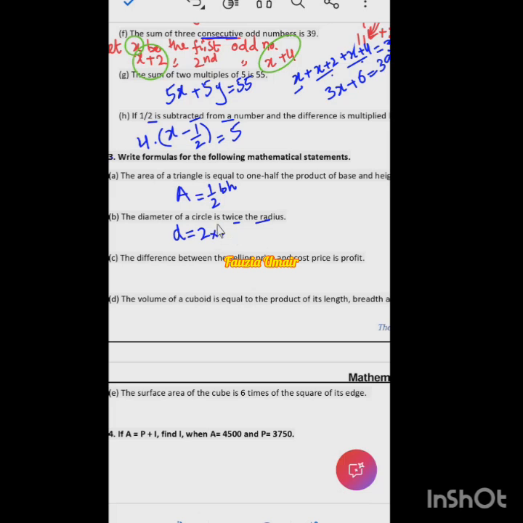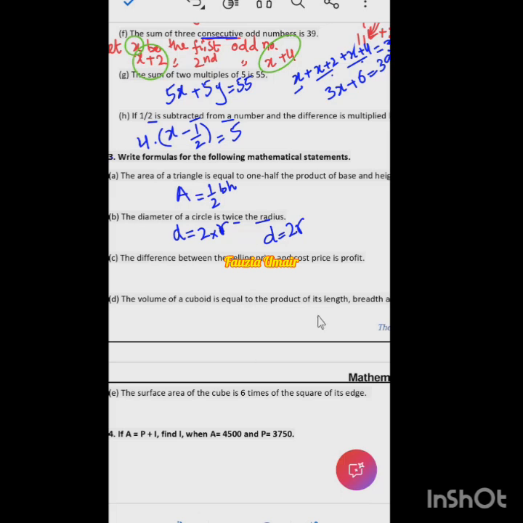Instead, we will just write 2r, because in algebra we usually don't write multiplication. If somebody asks you what is the operation between 2 and r, you should know that because it is not written, it would be multiplication, right? Okay?